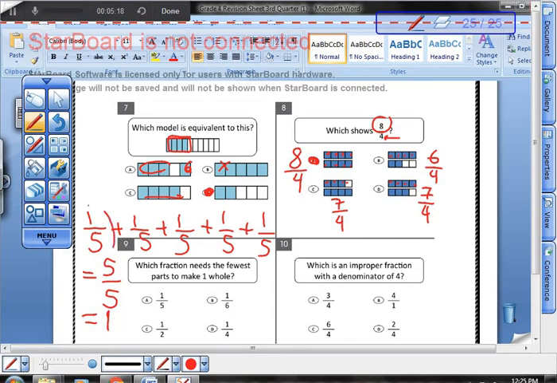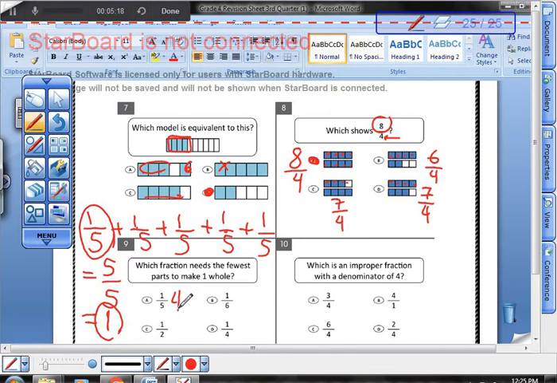So here I have only 1/5. How many fifths do I need to make one whole? 1, 2, 3, 4. 4 more parts. So this one needs 4 more parts.